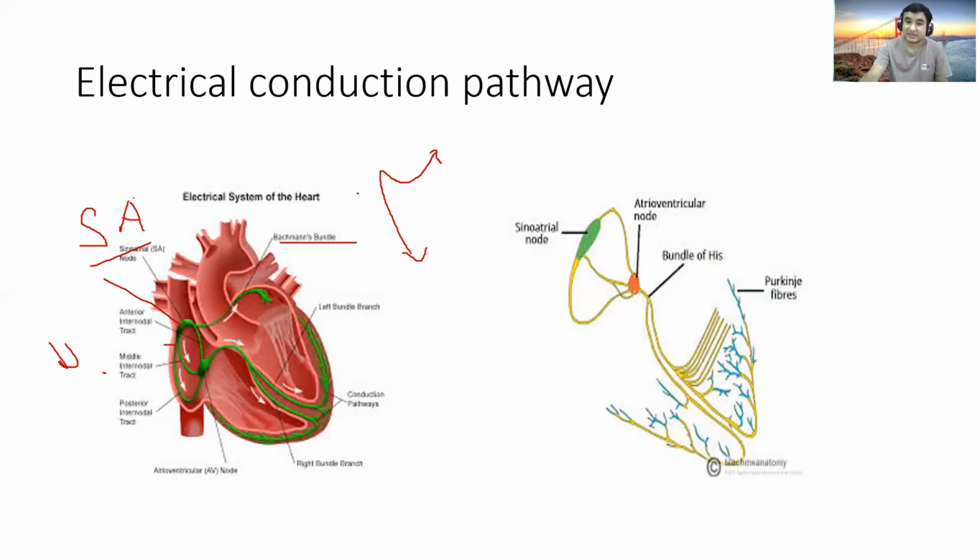if there is a lead like V1 over here, then what you can see is that the P wave will be like this for the right atrium, because the current is coming towards V1. But when it is depolarizing the left atrium, the current is going away, giving a negative deflection. So there is a biphasic pattern in the V1 lead, because the rule is that you will have a positive deflection only if the direction of depolarization is towards the positive electrode, towards that lead.